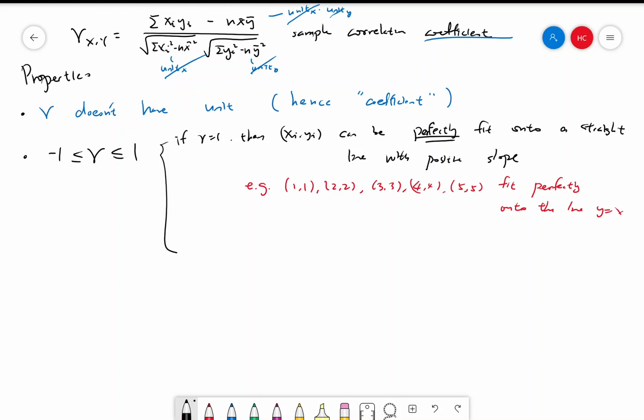And the other extreme case is if r is -1, then x_i, y_i can be perfectly fit onto a straight line with negative slope.